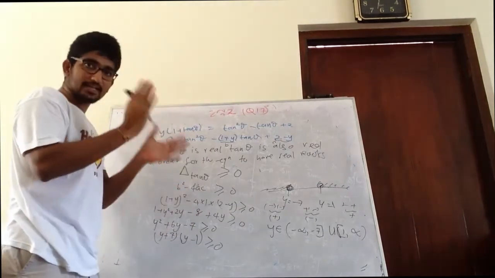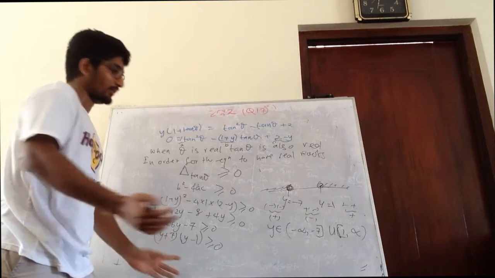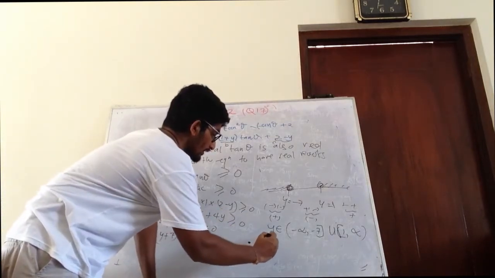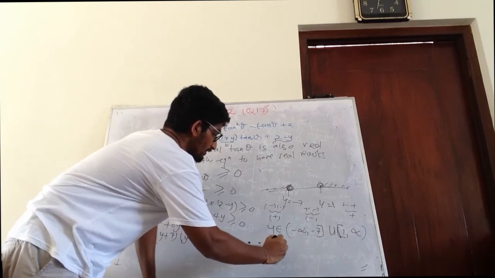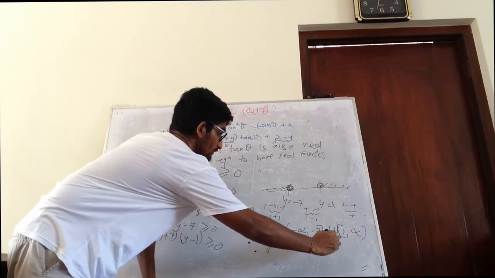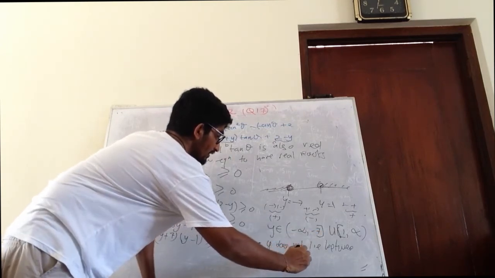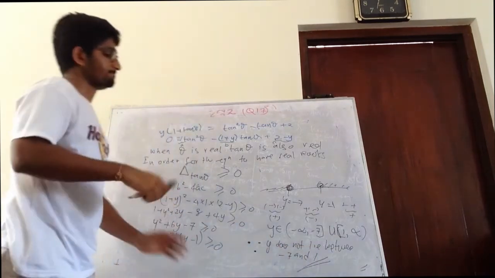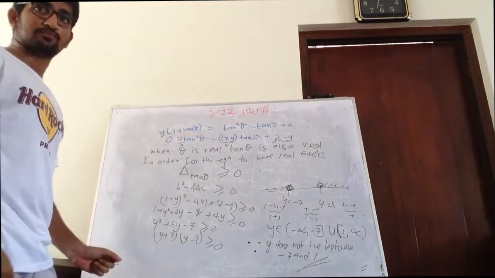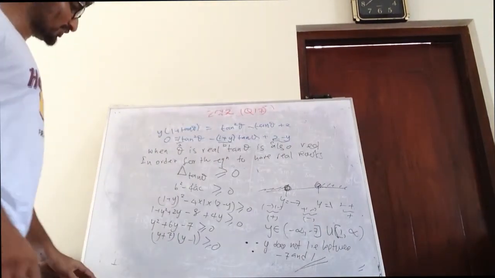That means this y does not lie between minus 7 and 1. So that's what we need to show. So that is part C.